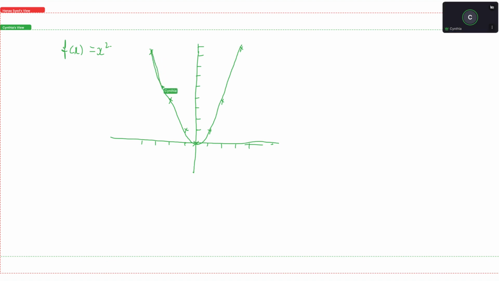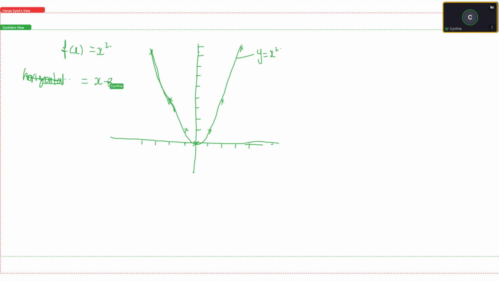This is y equal to x square function. Now, this undergoes a vector translation or just a horizontal translation. Let me talk about f of x becoming x plus 3 the whole square.